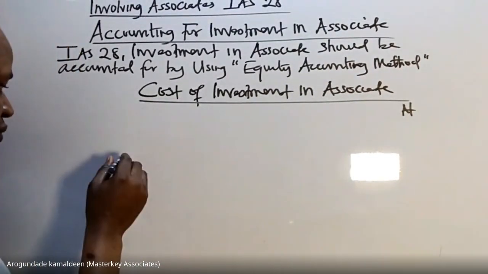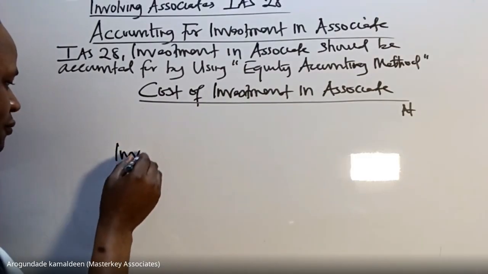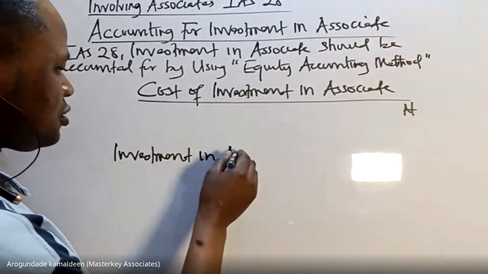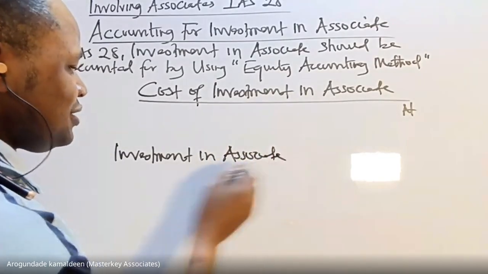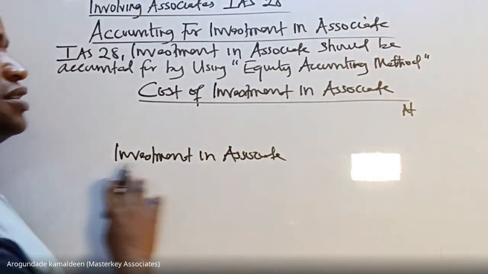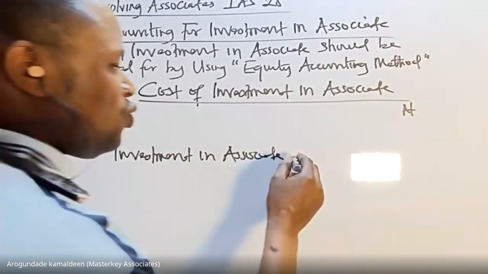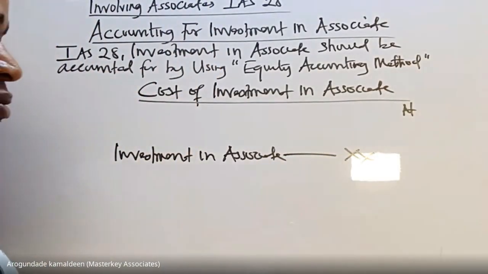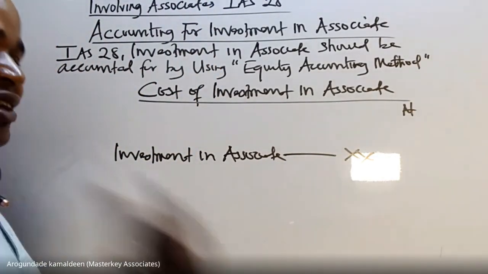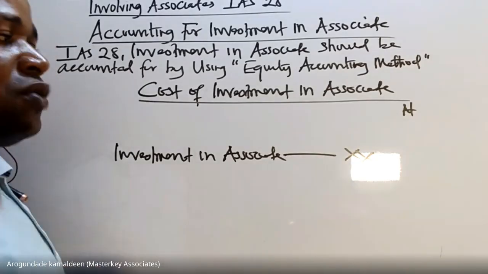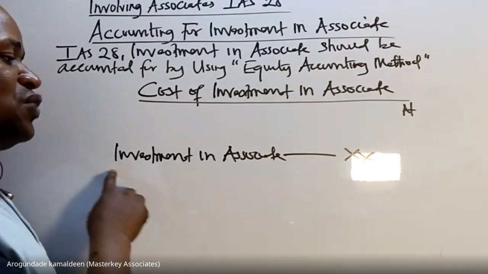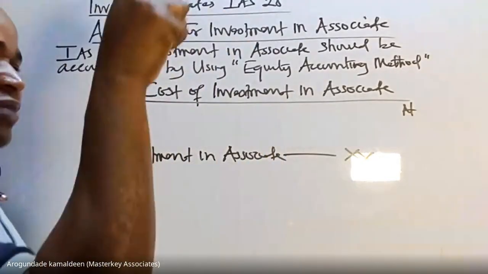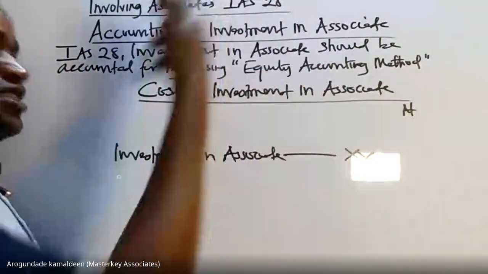That will be investment in associates. You will just show this with the figure. You are not going to add the assets or liabilities as in the case of a subsidiary. So this is what will tell us the total value of your investment in the associate.